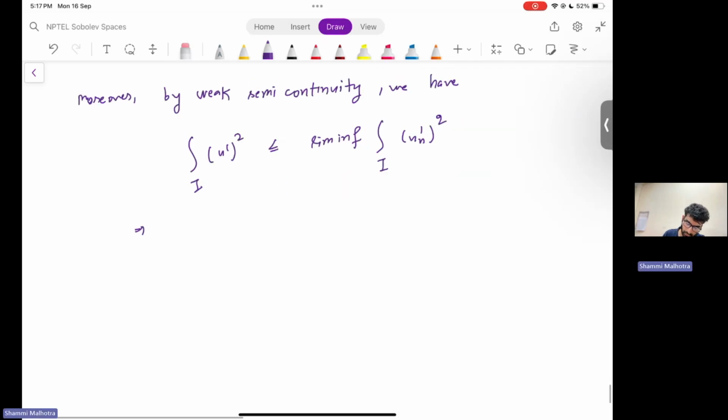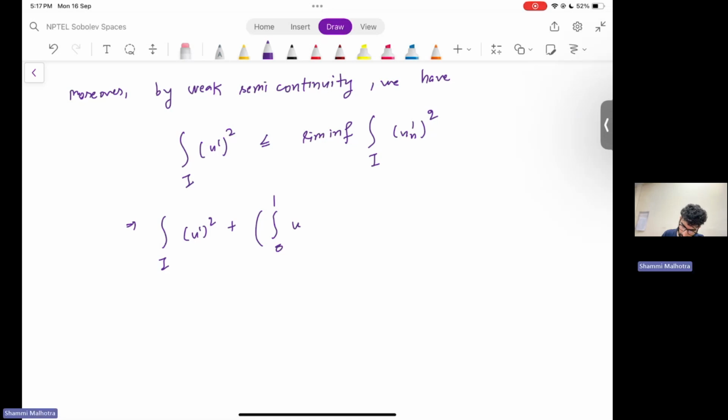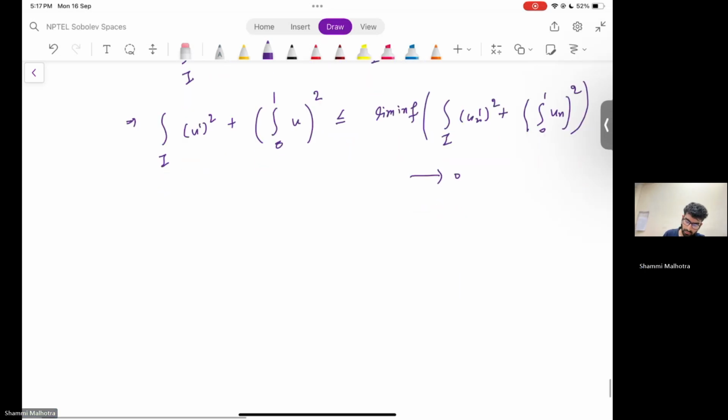And moreover, this will imply the integration over I of u dash square plus the integration of 0 to 1 of u, since because of strong convergence, whole square, has to be less than the limit of the integration over I of u_n dash whole square plus 0 to 1 u_n whole square. And I know this whole right-hand side goes to 0. What this basically implies is that A(u, u) has to be 0, because this is also non-negative.